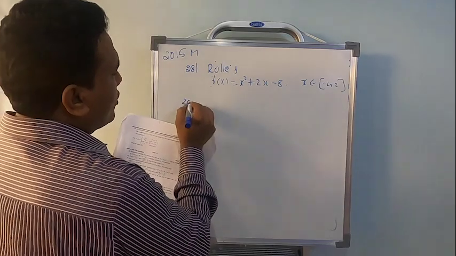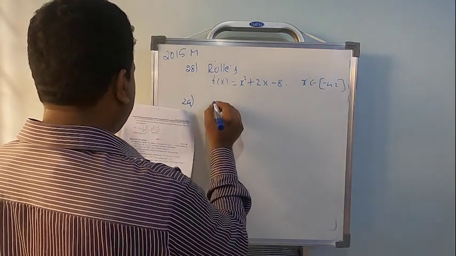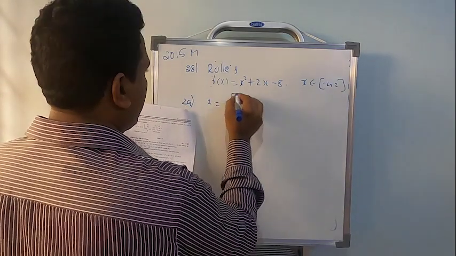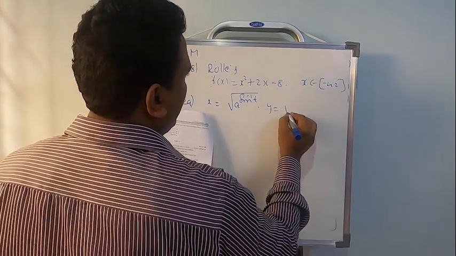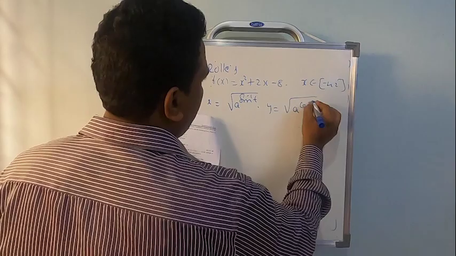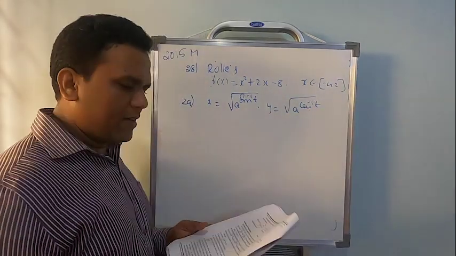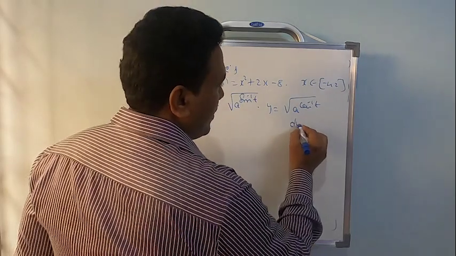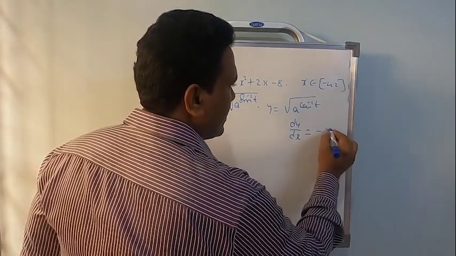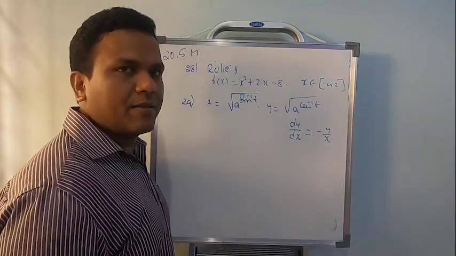And let me concentrate on question number 29, which is given as: if x equal to square root of a power sin inverse t, y is equal to square root of a power cos inverse t, then show that dy by dx equal to minus y by x.